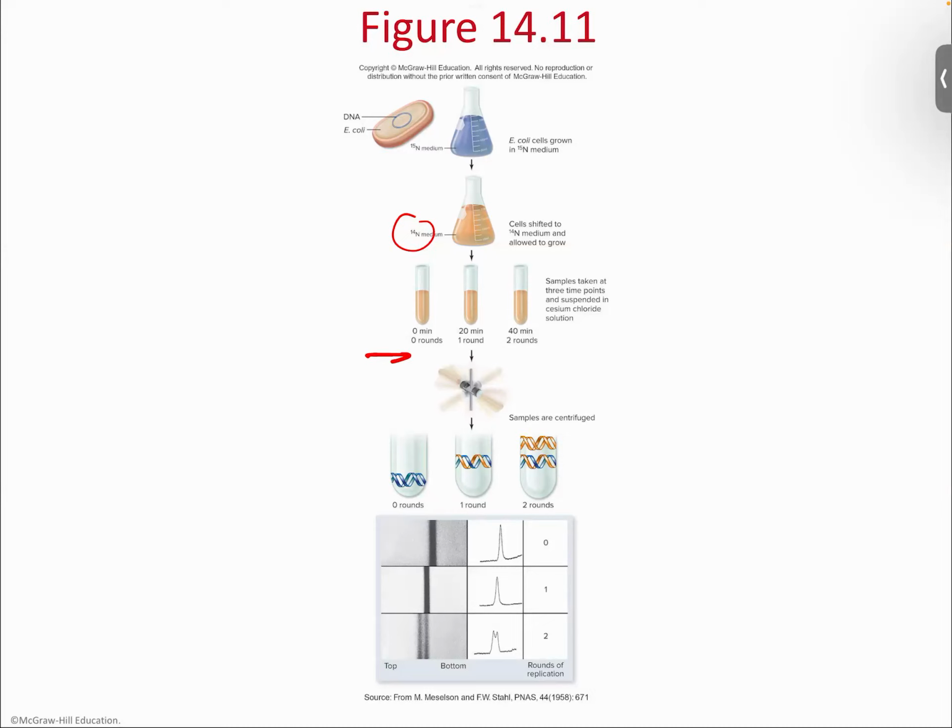And so what they saw was, before replication, they saw the old heavy band, because that's all you had there. And then after the first round, they saw the medium-sized band, right? Because it was part old, part new. And then after the second round, they saw the light band starting to come out now, and the disappearance of that medium band. So this is the data that they saw here. So here you can see this is the heavy going to intermediate, going to the both of them.